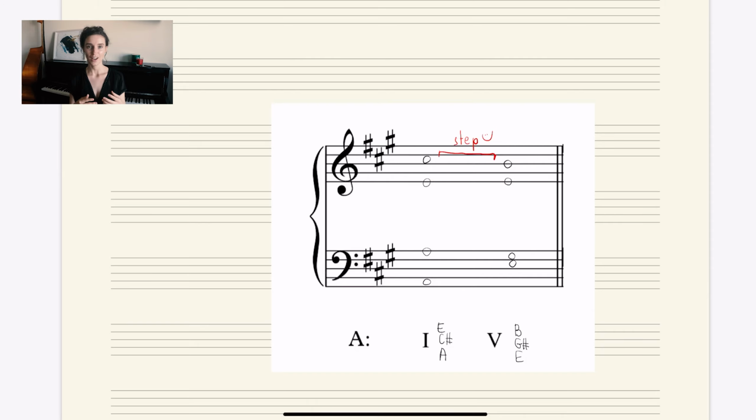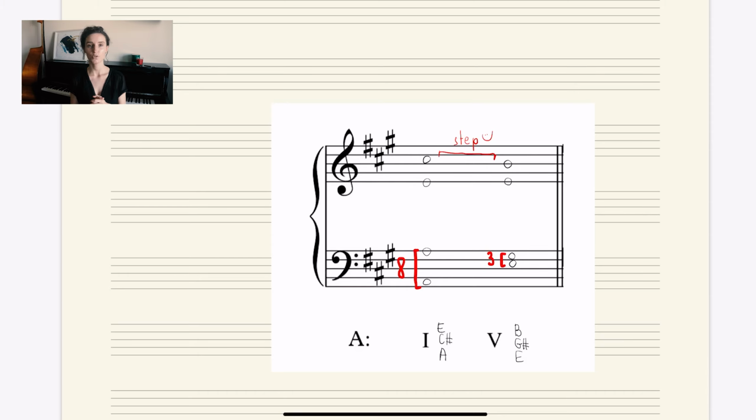And once you have your outer voices and your inner voices, just spend 5 more minutes to go through your chord progression and search for any illegal parallel octaves and fifths. This is very important because at the beginning it might be difficult to notice the parallel octaves and parallel fifths.